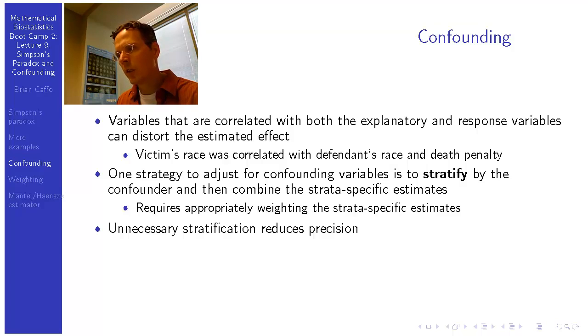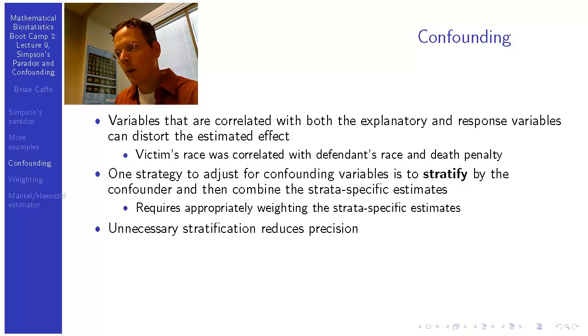Ultimately, with a confounder here, we haven't really distinguished between something that's causally related with the race and the death penalty versus something that has a statistical association with race and death penalty. In this class, we're mostly going to be talking about things that have a statistical association with the explanatory and response variables, where there is a plausible causal connection between them.